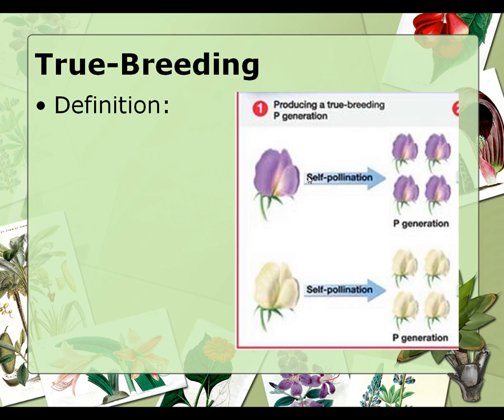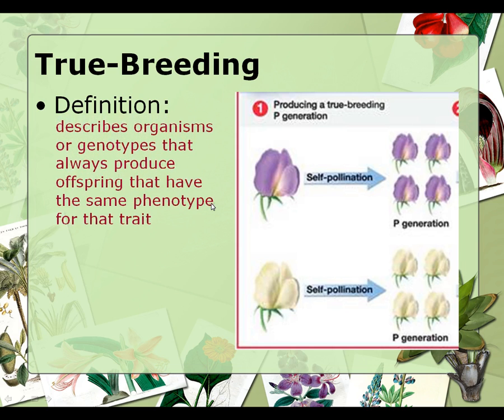Now, let's take this idea of genotype and phenotype and talk about true breeding. A note here, true breeding specifically refers to plants. The reason why we're talking about it now is so that we can talk about Mendel's true breeding pea plants. In plants, true breeding means that a plant that self-pollinates, it has a certain set of genes. All of its offspring will have the exact same phenotype.